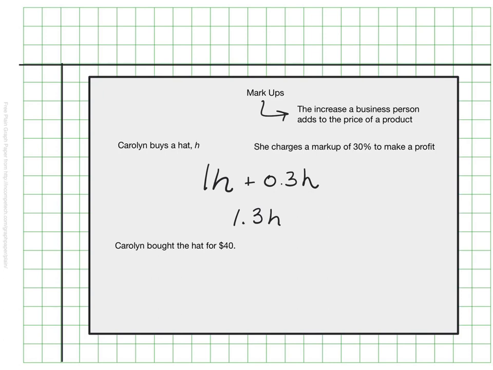If Carolyn bought that hat originally for $40, we know that she's going to take that $40 and multiply it by the whole and 30% more, and then we could just punch that in and she would be selling her hat for $52.